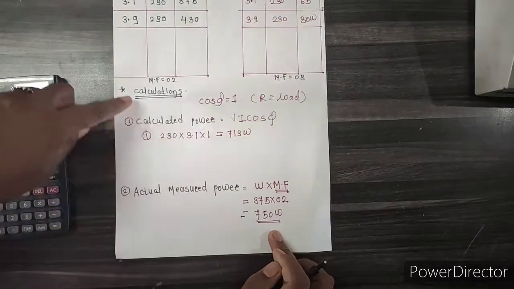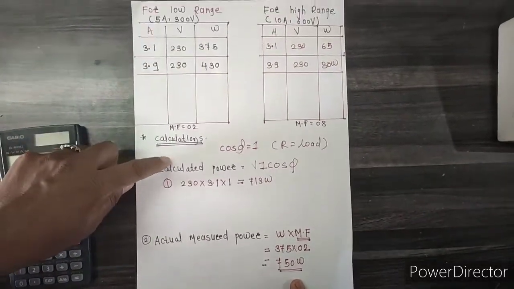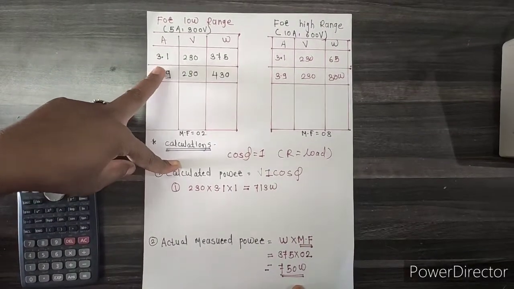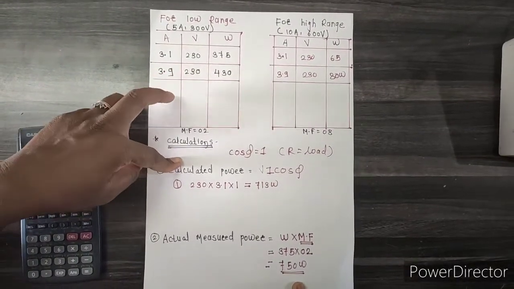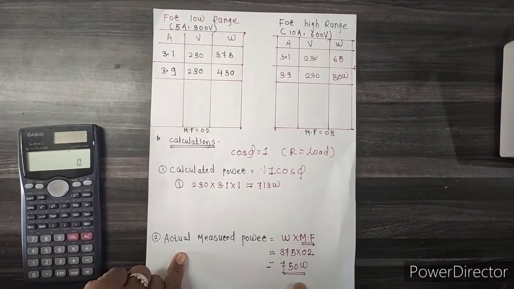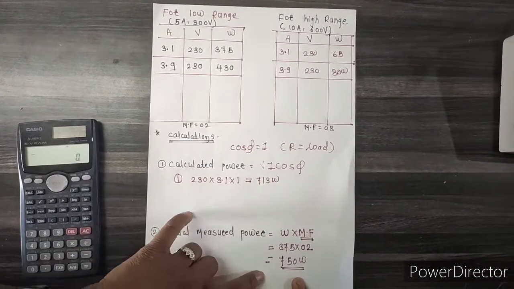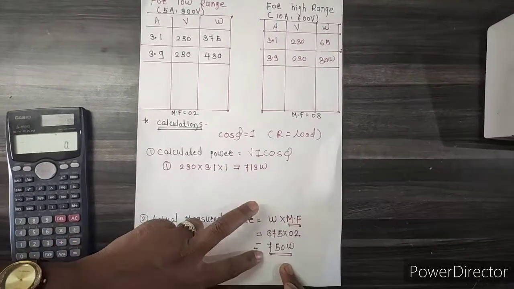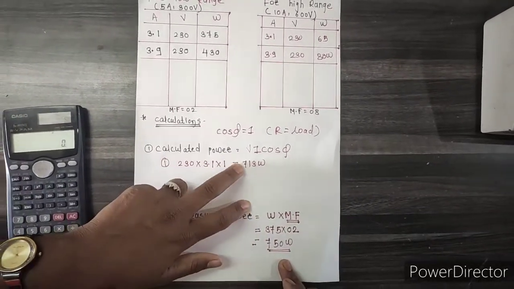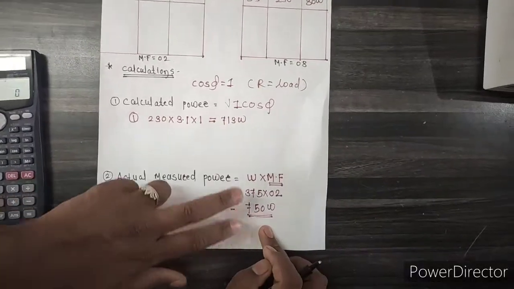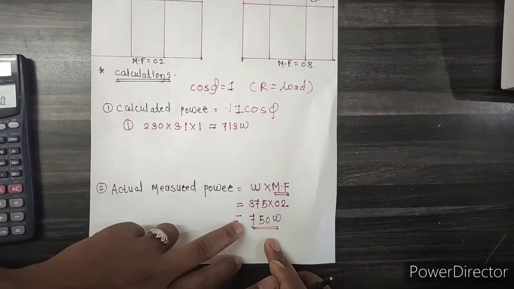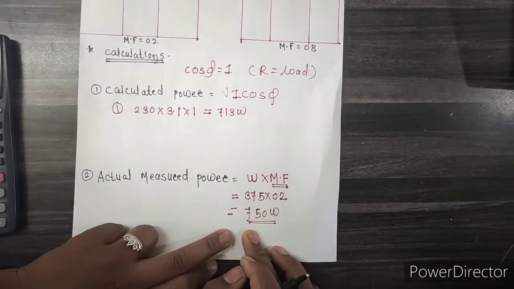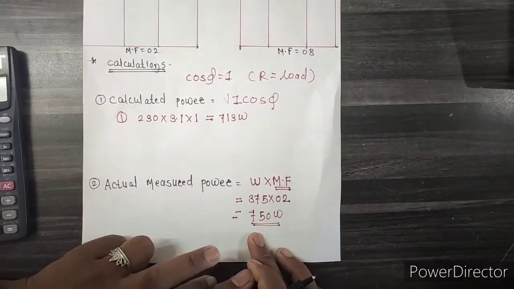So from these readings we can calculate the calculated power from the observation readings of the voltmeter and ammeter, and the measured power from the wattmeter reading. We can say there is a little bit of difference between these, but that can be tolerated. The power consumption by the load is nearly equal to 700 watt as per the load given. Okay, thank you.